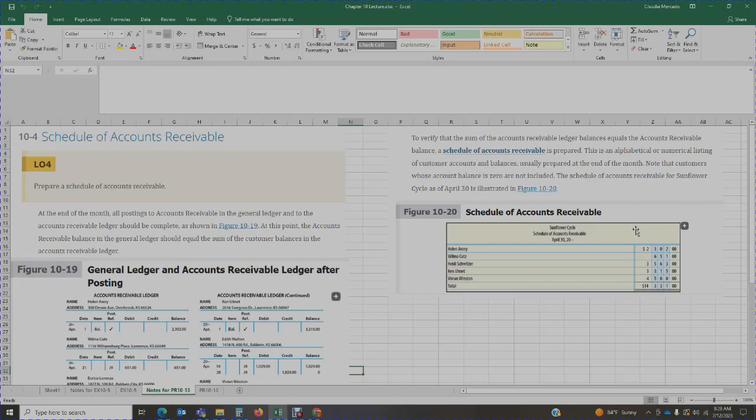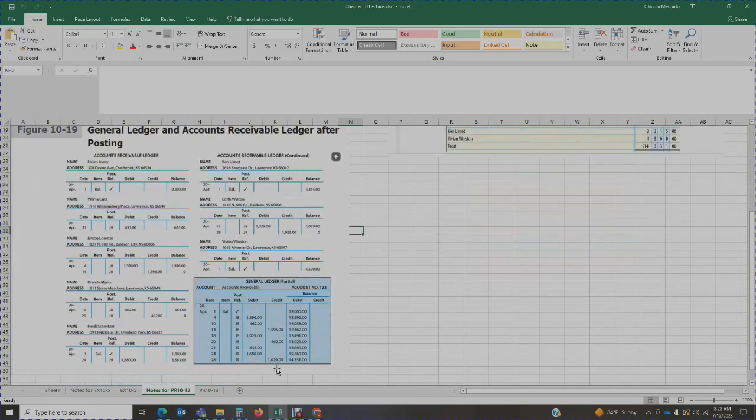But this is just a very basic schedule of accounts receivable. It's just a listing of all of the customers and how much they owe us, and then the total. That total on your schedule of accounts receivable needs to equal the total of your general ledger for accounts receivable. So if you see, 14,331 equals 14,331 over here.